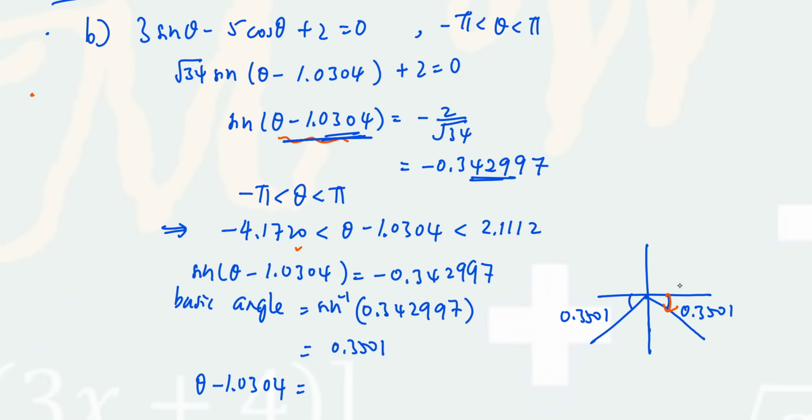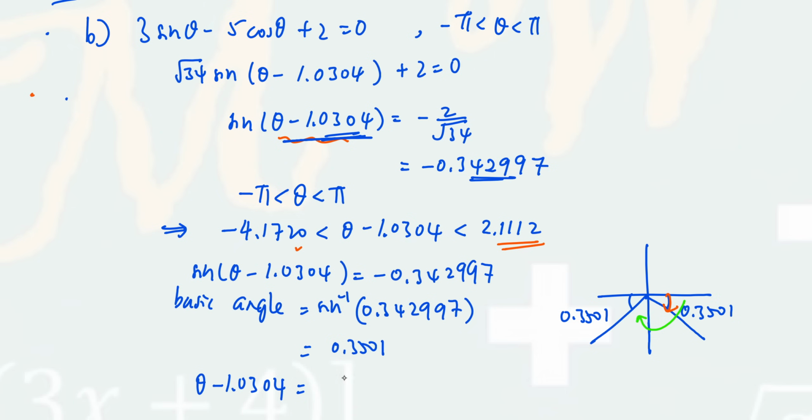Then I cannot accept this, right? Because if I accept this, this is more than 1 pi. So remember, 1 pi is 3.14. And here we only accept up to 2.1112. That means the orange, the bigger one cannot be accepted. But then we have to refer to the green color. So these are the two angles that we can get from the quadrant.